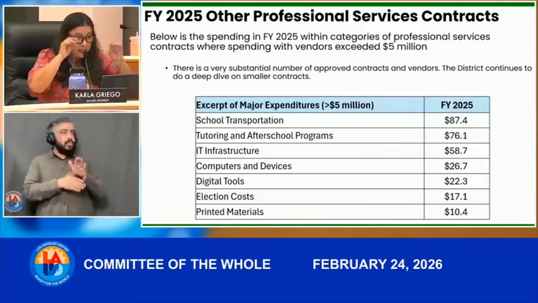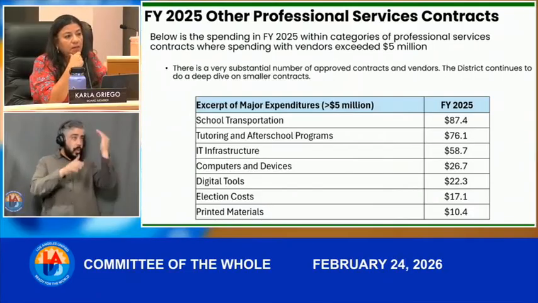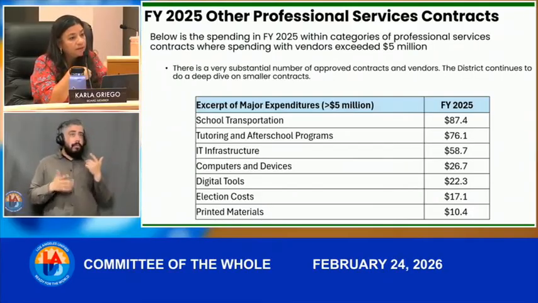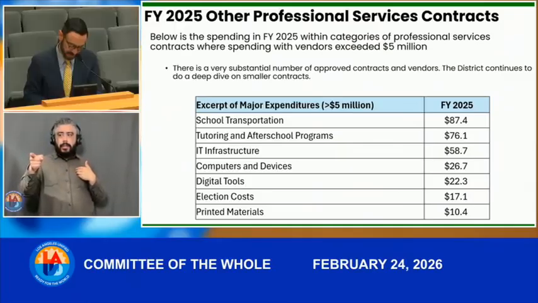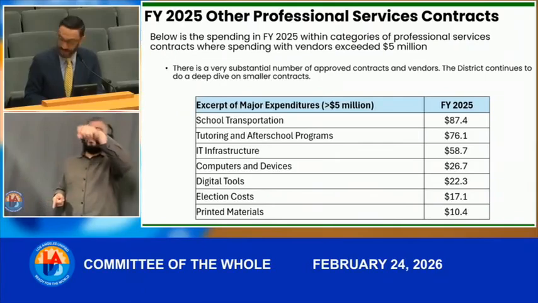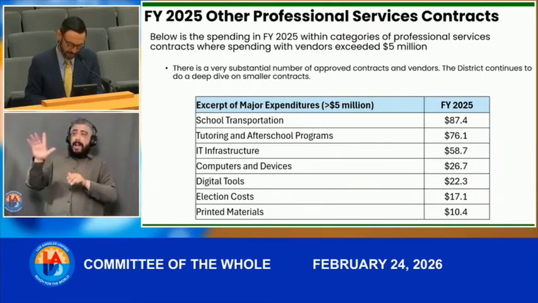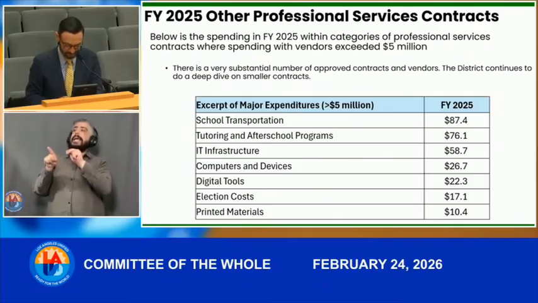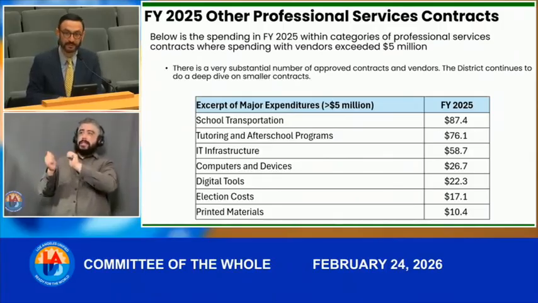Is there a way we can separate those two? Yes. Of that total, 5.4 million is attributable to after-school programs, and the balance is with tutoring companies.